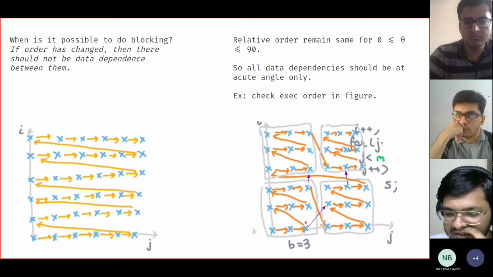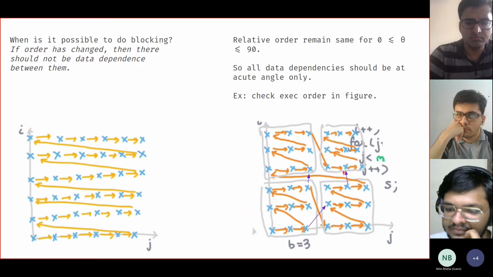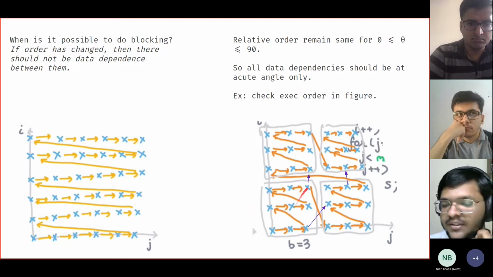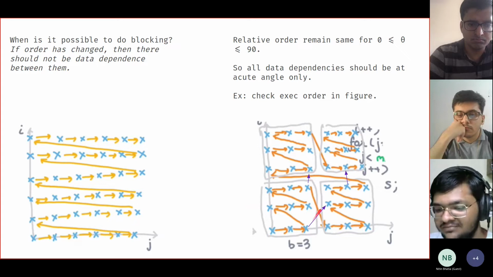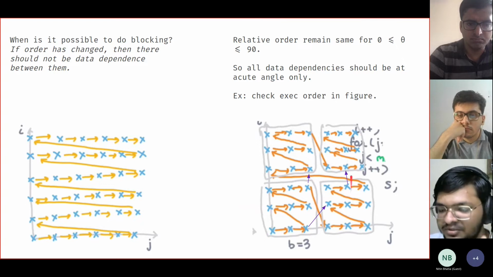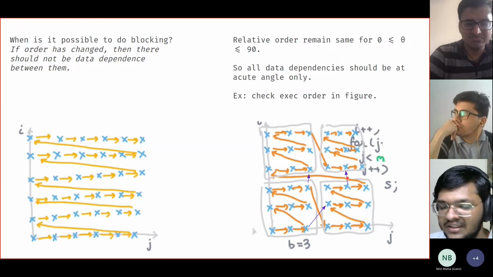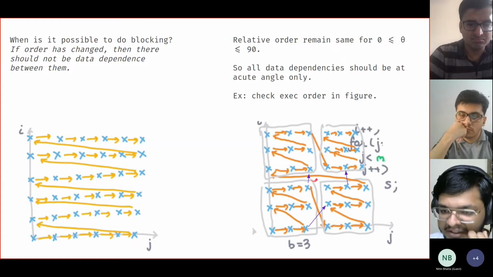Between these 2 points, the execution order hasn't changed. Similarly, between these 2 points, the execution order is not going to change. If you take any particular acute angle set of points, where the arrow is making an acute angle, you can see that when you do the blocking, the execution order between them is not going to change, whenever you do any type of blocking here.